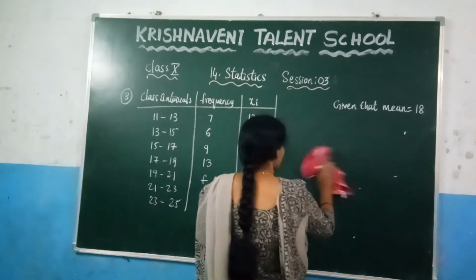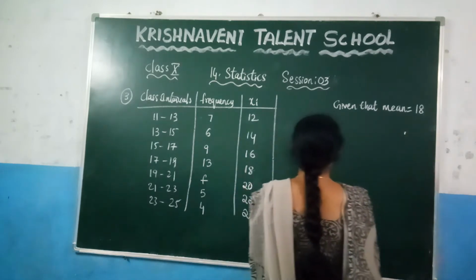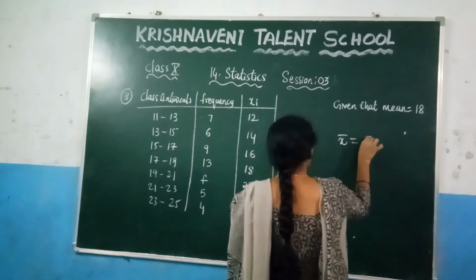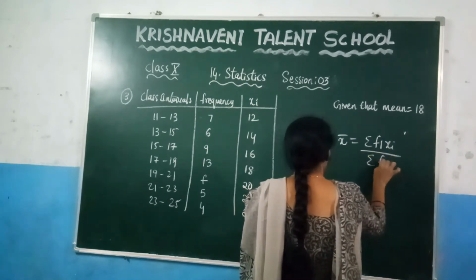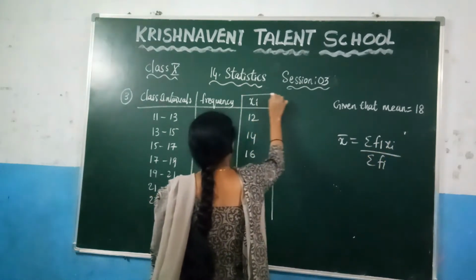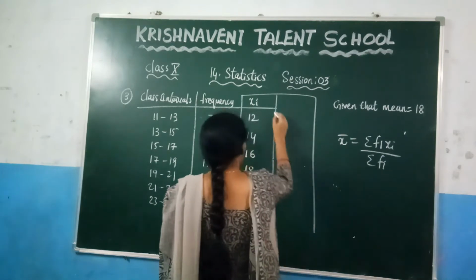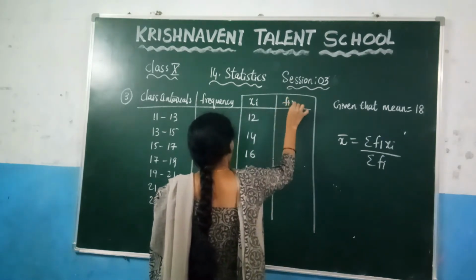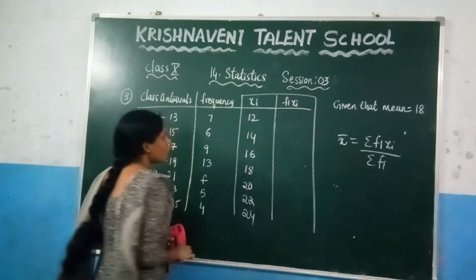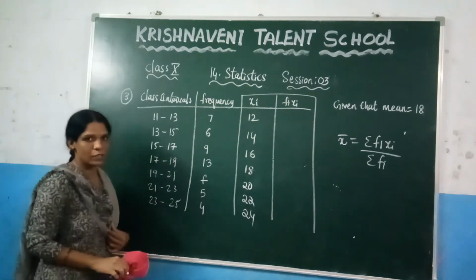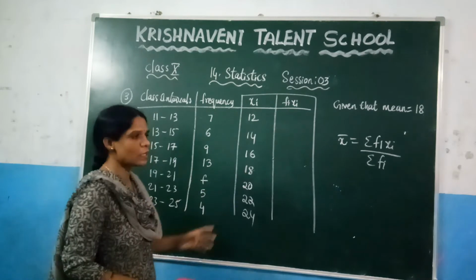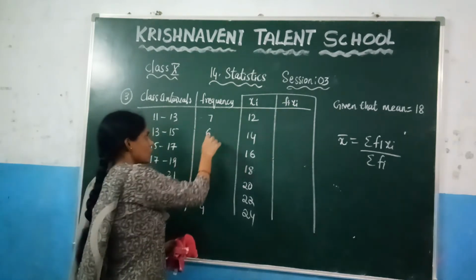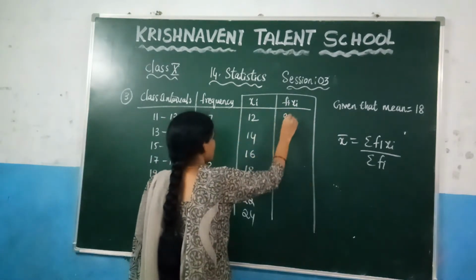By using the direct method, what is the formula to find the mean? x bar is equal to sigma fi xi by sigma of fi, right? Since we already calculated xi, now you need to calculate fi xi. What is meant by fi xi? Fi xi is nothing but you multiply the frequency and the class mark. So multiply it, what do you get? 12 into 7, 84, right?